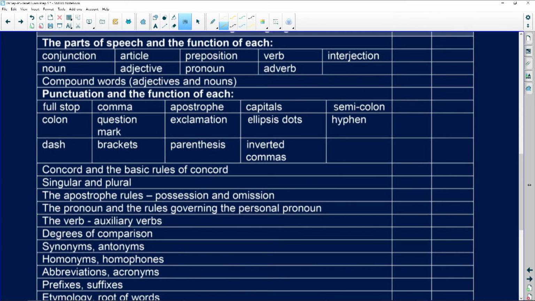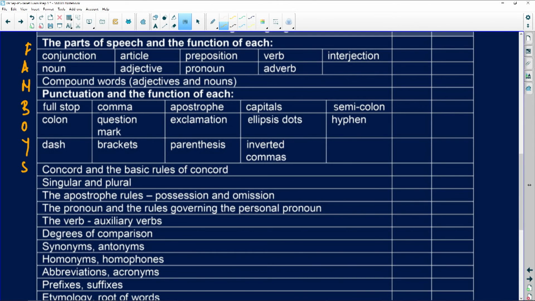Do we know what a conjunction is? So conjunctions join words. There are coordinating conjunctions like and, but. Usually in South Africa, for coordinating conjunctions, teachers teach FANBOYS as a mnemonic. For, and, nor, but, or, yet, so.